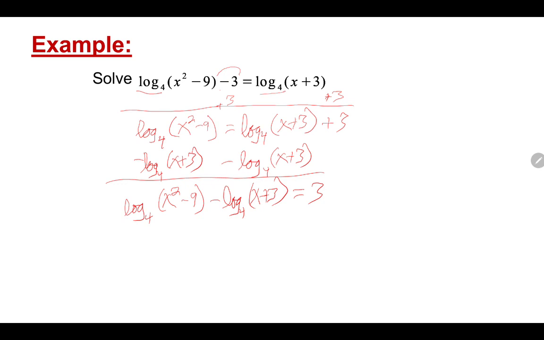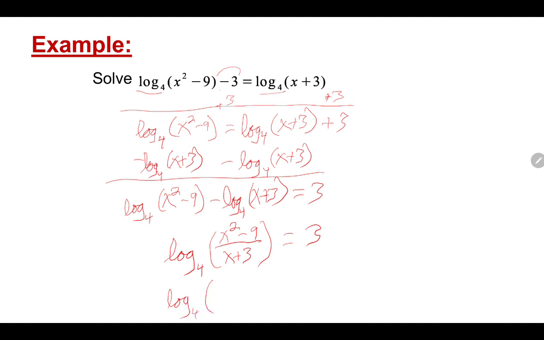Again, I need it in a single log on one side, so that's what I'm going for. I'm now going to take care of the subtraction and make it a division problem, or a quotient. So it becomes 1 log base 4 of x squared minus 9 over x plus 3, all equal to 3. And actually, before I start working with this, I can simplify that. So what is x squared minus 9?